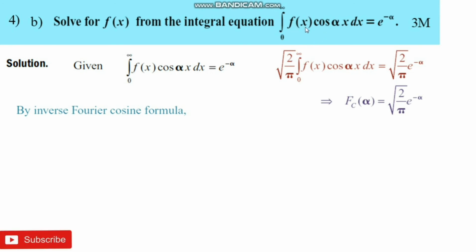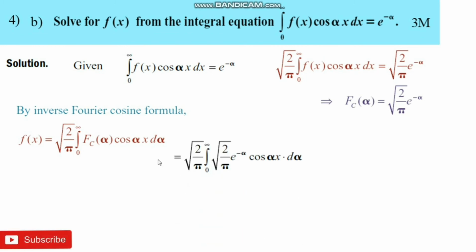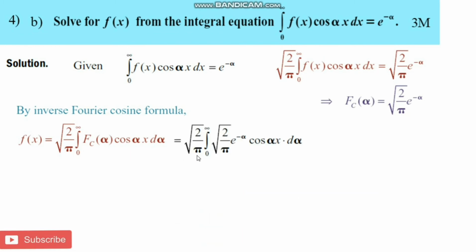To solve for the function f of x by using the inverse Fourier cosine formula, f of x equals square root 2 by pi integral of f of alpha over c cos alpha x d alpha, that is square root 2 by pi integral 0 to infinity f of alpha over c, square root 2 by pi e power minus alpha cos alpha x d alpha, which gives 2 by pi integral 0 to infinity e power negative alpha cosine alpha x d alpha.